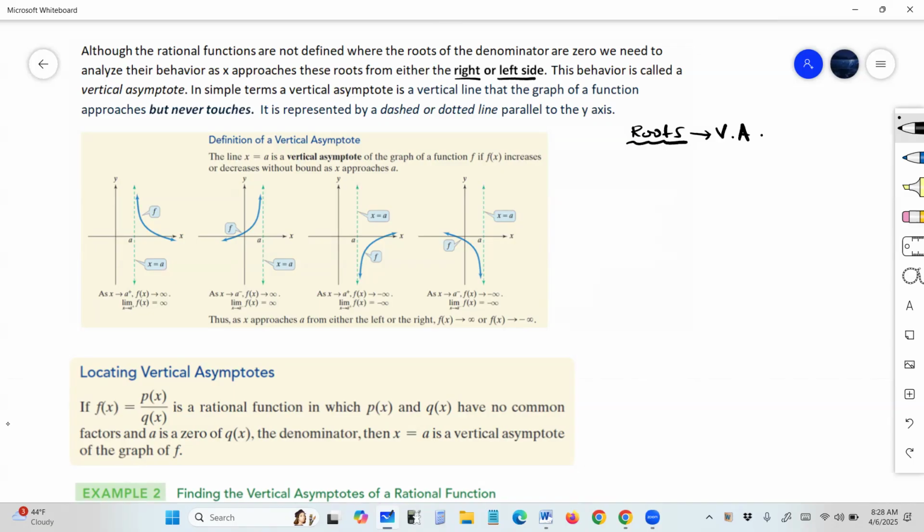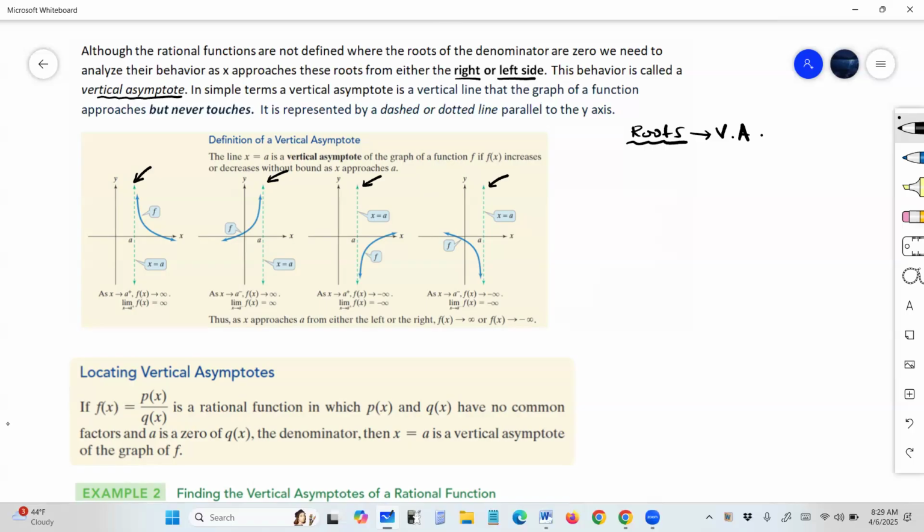And this behavior is called a vertical asymptote, right? As the function is approaching the root, it behaves a certain way. So a vertical asymptote is nothing more than this dashed line. There's four possible cases. This is what we call a vertical asymptote. It's represented by a dashed line.